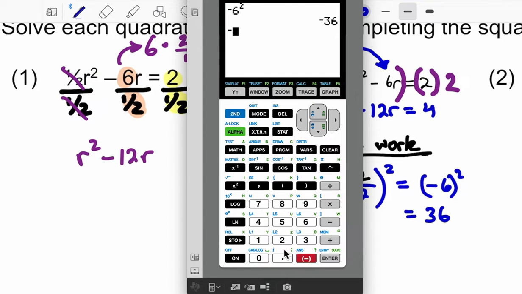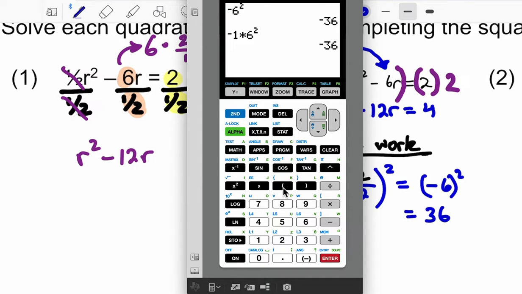So when you type in -6 squared, the calculator thinks you want this, and that's most calculators. I can't think of any calculator that's automatically going to group things for you, without you actually explicitly telling it.